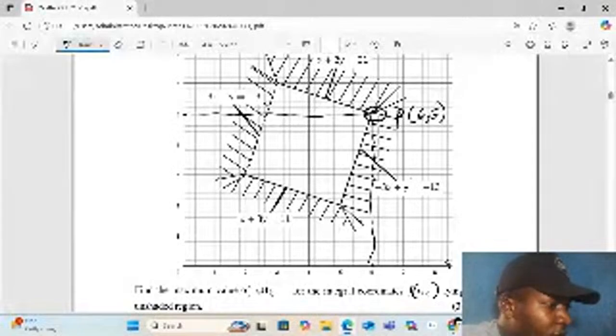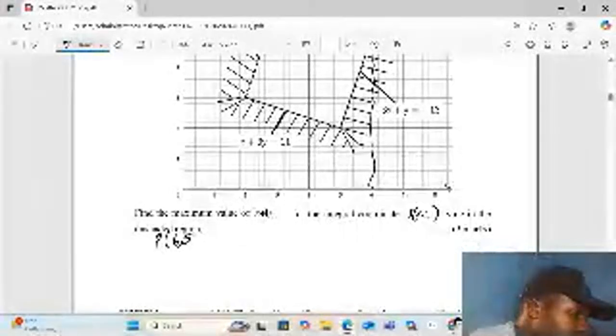Now, at maximum point P, P is equal to (6, 5).